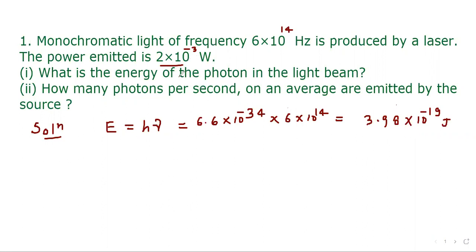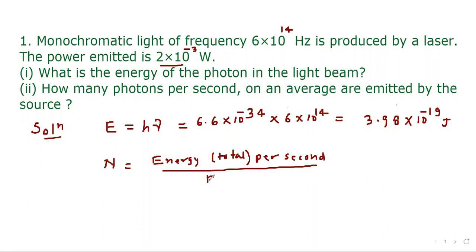And here power is given, and we have to find out the number of photons per second. So the number of photons per second can be given by total energy per second, which is power, divided by energy per photon, meaning the energy of one photon.